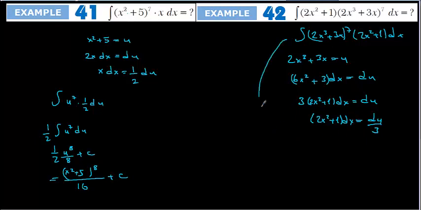So if we continue, (2x cubed plus 3x) to the power of 7 is going to be equal to u to the power of 7.